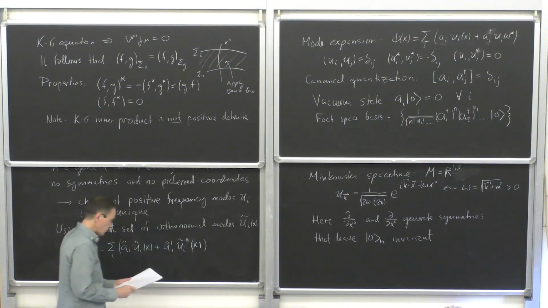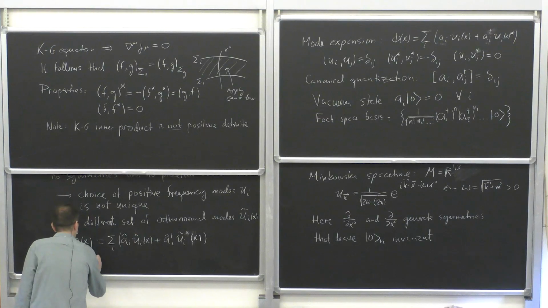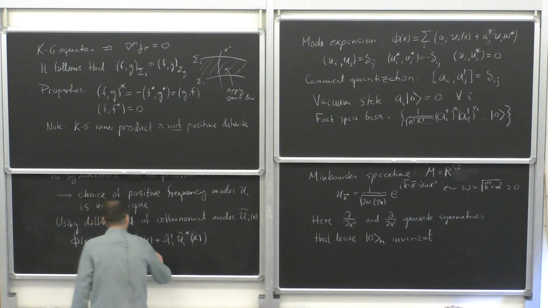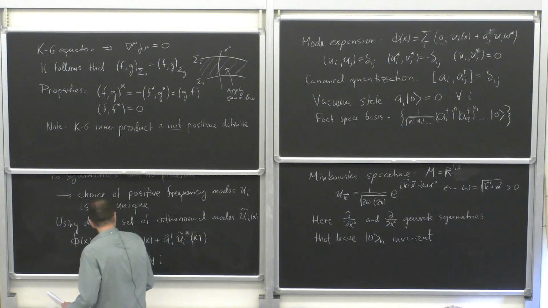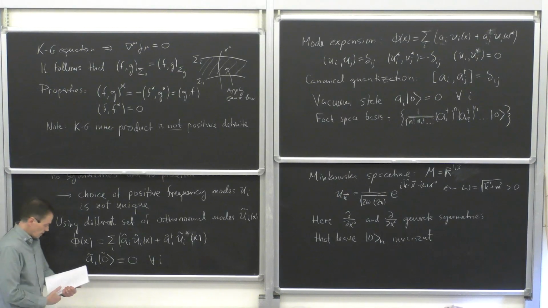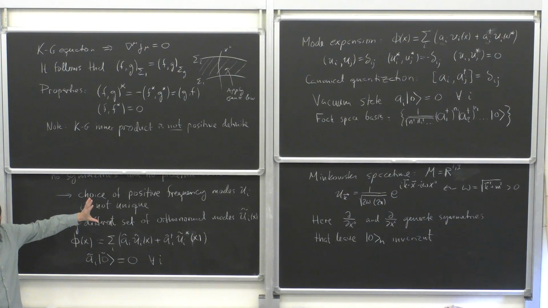Okay? And then we have a new vacuum, which is defined by the new annihilation operators. Let's call that vacuum 0 tilde. So I proceed exactly in parallel, but this defines a new vacuum and a new Fock-based basis, right?